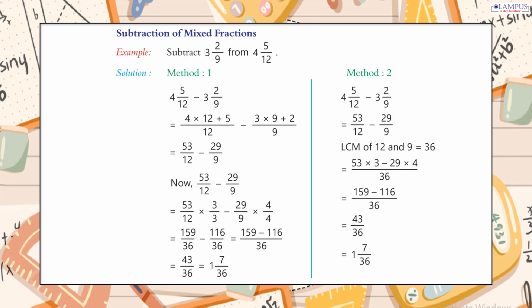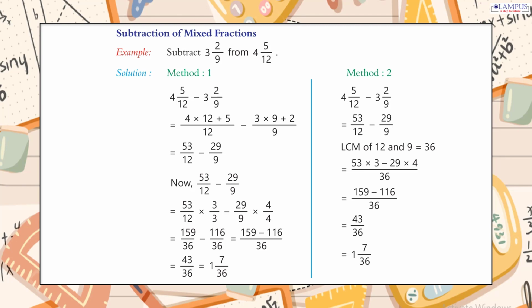Subtraction of mixed fractions. Example. Subtract 3 and 2 by 9 from 4 and 5 by 12. Method 1. 4 and 5 by 12 minus 3 and 2 by 9. Convert the mixed fraction into improper fraction. 4 multiply by 12 plus 5, whole divide by 12, minus 3 multiply by 9 plus 2, whole divide by 9, equals 53 by 12 minus 29 by 9.